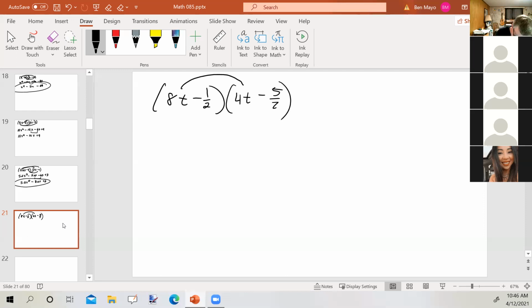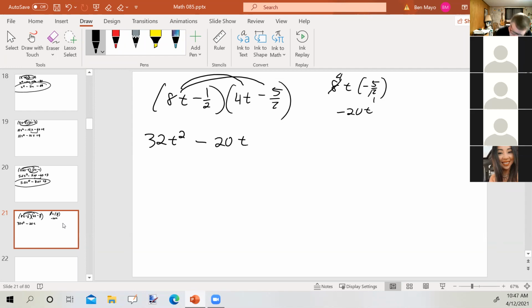8t times 4t is 32t squared. 8t times minus 5/2, well, the 8 and the 2 reduce down to 4/1, so I'm going to get minus 20t. And then minus 1/2 times 4t: 4/2 reduces to 2/1, so minus 2t.